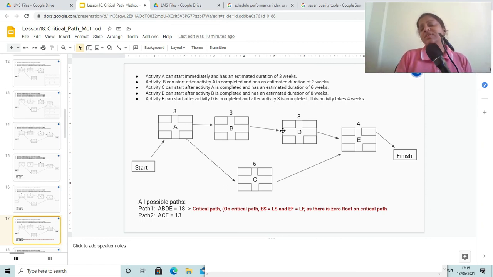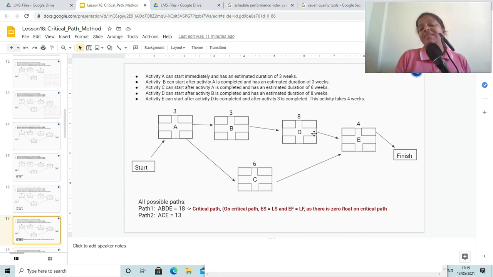So here we just have to understand that we cannot afford to take any risk on any of the tasks which are present on the critical path, because if any of these tasks gets delayed due to any reason, then your project will get delayed.